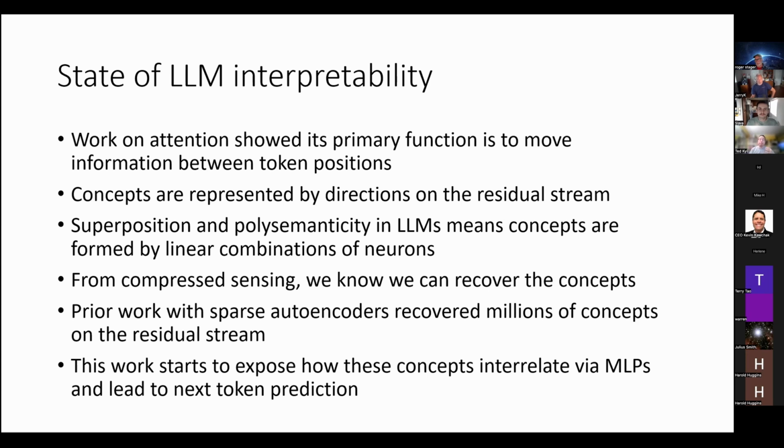And if they took that particular direction that they found using their sparse autoencoder and artificially added it onto the residual stream in certain places, then the sentence completion you would get would be something along the lines of, my favorite sandwich is peanut butter and jelly. I like to eat them on the Golden Gate Bridge. It'll just add the Golden Gate Bridge to any sentence, even if it has nothing to do with architecture or San Francisco or anything.